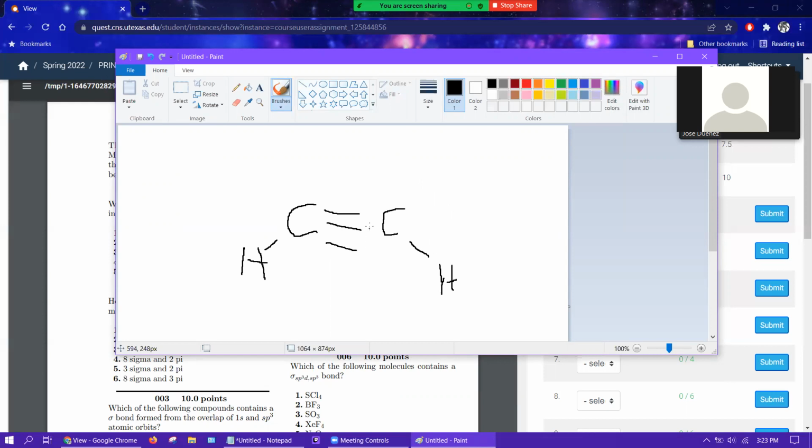So which bond causes an atom to be hybridized? Which ones need to be hybridized, the sigma or the pi? The pi, no? No, not the pi, the sigma.